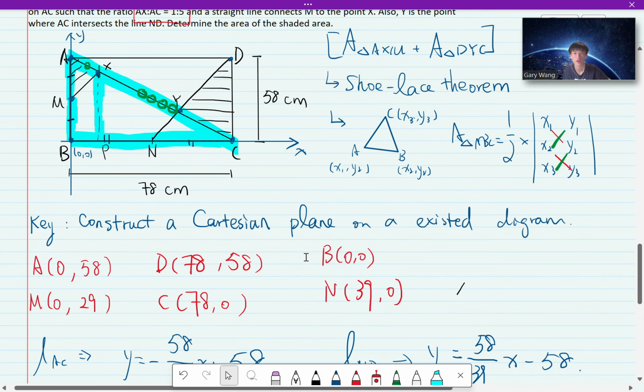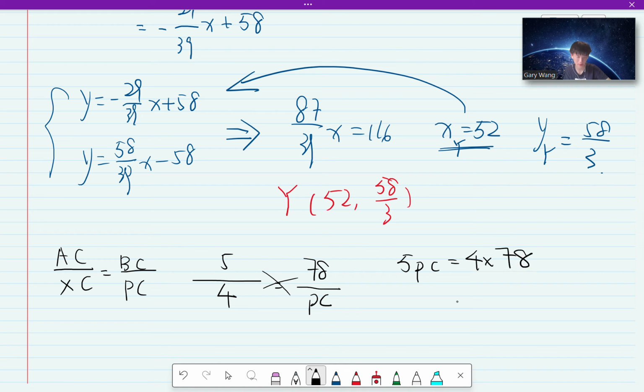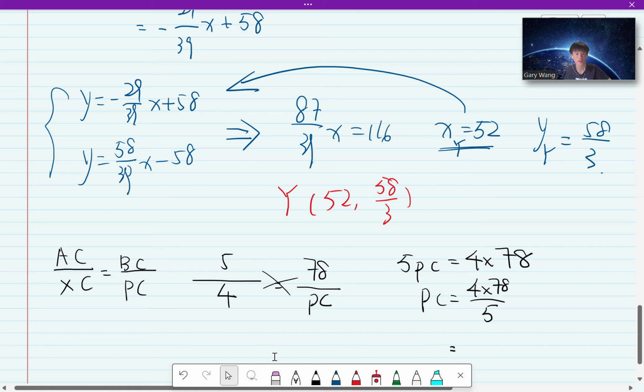So BC is 78, and PC is what we are looking for. It's the only unknown here. After cross multiplication, we get 5PC equal to 4 times 78, and we get PC equal to 4 times 78 over 5. We'll just leave it there for now.